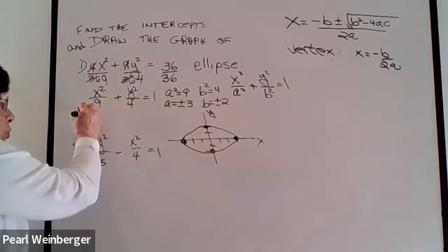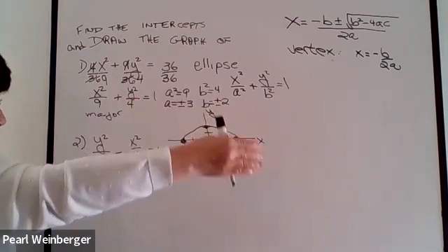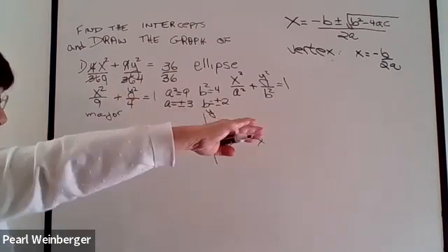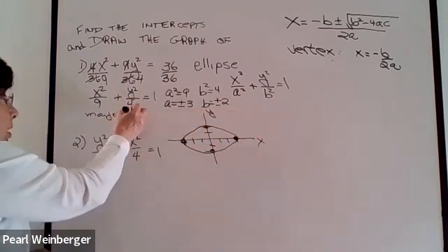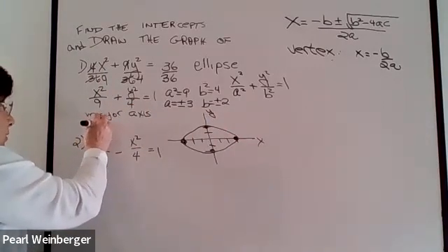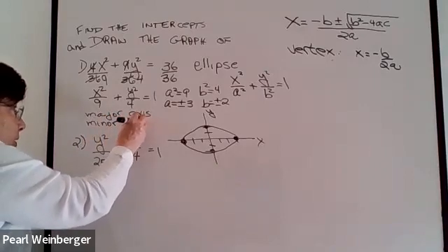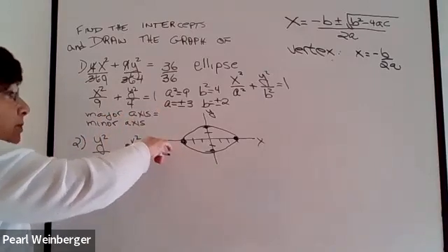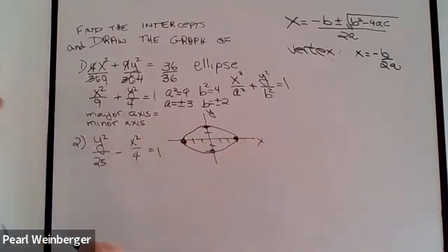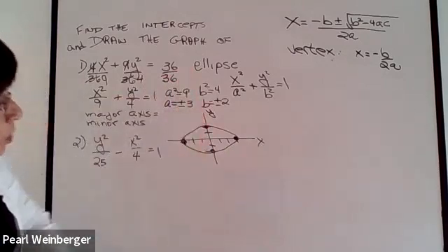One is a major axis, which cuts it the longer way. And the other one, the smaller one, is called the minor axis. And in this case, the major axis is along the x-axis because that's the longer one. And the minor one is along the y-axis.